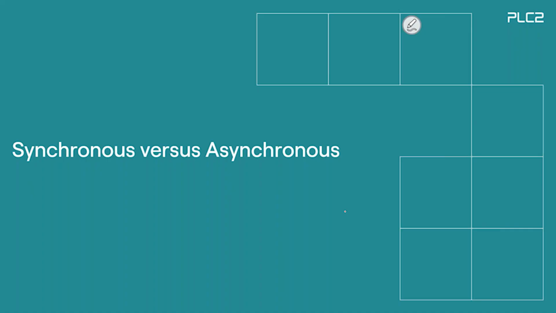Synchronous versus asynchronous. It's very important for us to understand how we should design FPGAs. If you do it incorrectly, what is the problem? Usually, right after you enter your design, maybe using Verilog or VHDL, and run a functional simulation, what you will see is that it works.